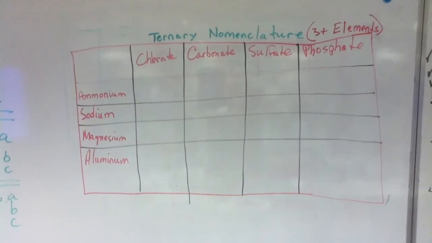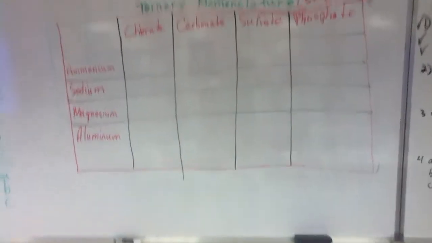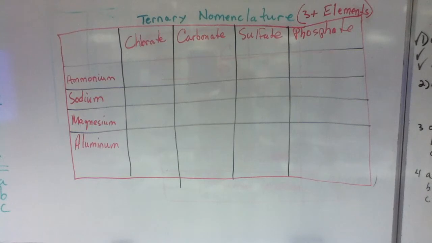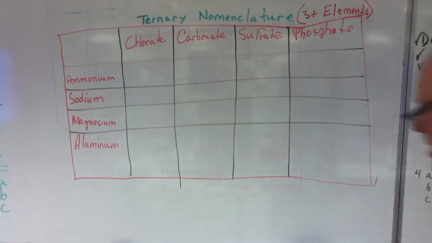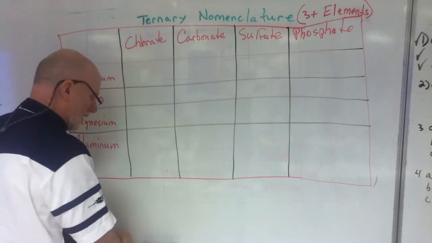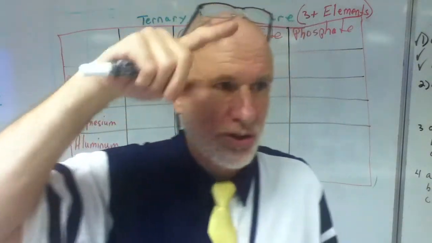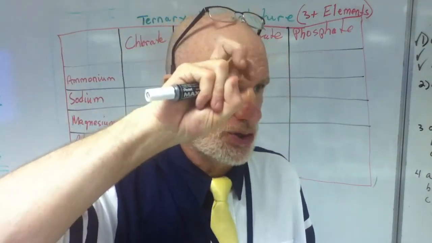Let me put it down a little bit. Okay, how's that? I can write underneath, right? I got enough room there now? Okay, so a polyatomic ion, now this is going to be ternary nomenclature part 2.